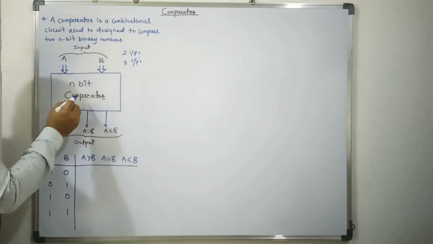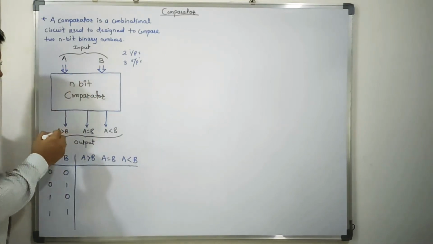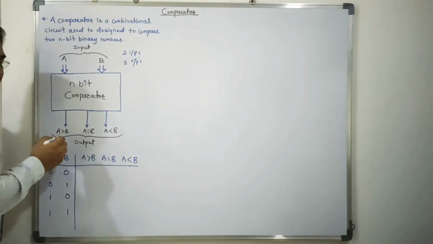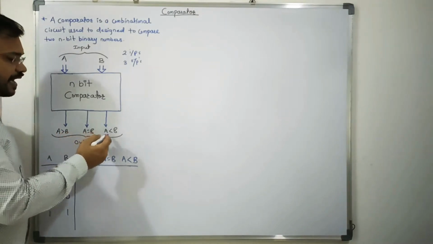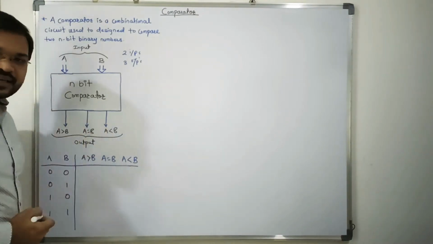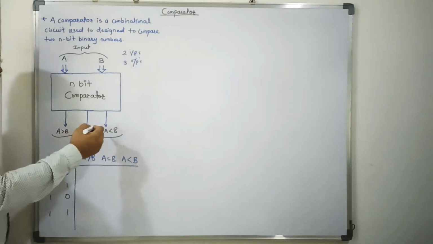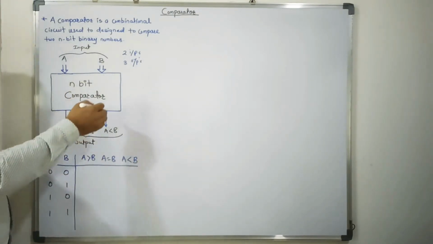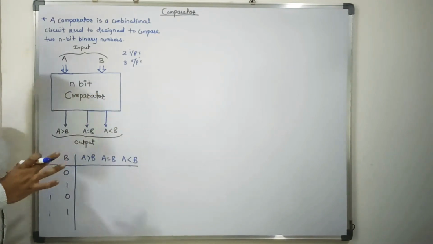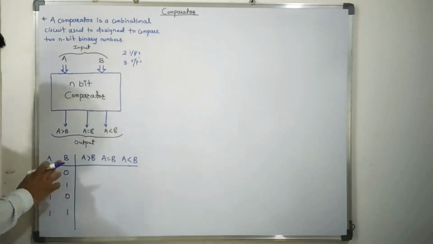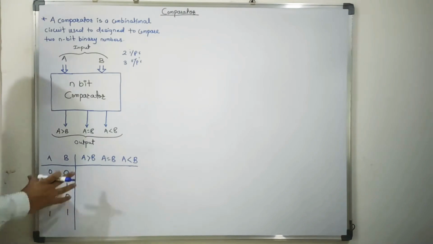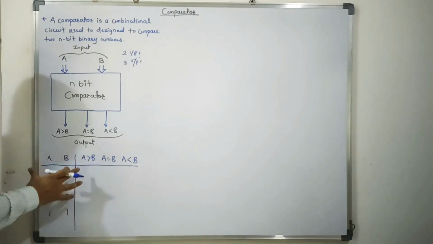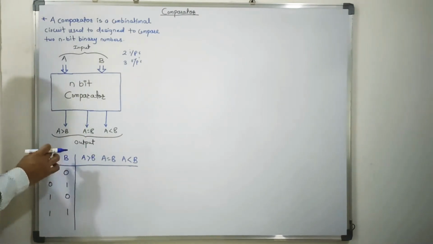So here the two inputs are A and B, and the three outputs are A is greater than B, A is equal to B, and A is less than B. Based on this block diagram, this is the function table, and the function table is for 1 bit.